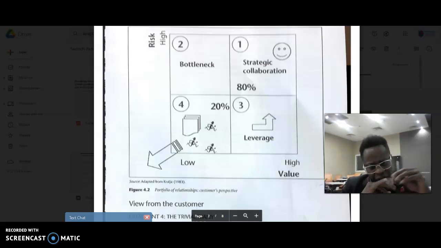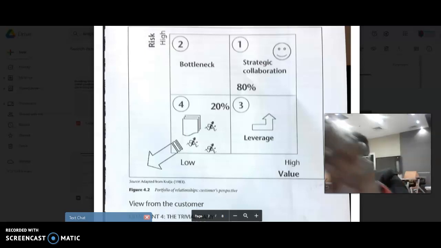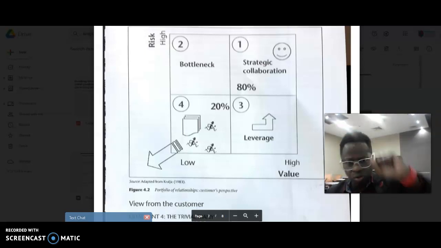And this is done by recognizing that a particular supplier will fit into a particular quadrant. With me now? They need to know where to fit your suppliers. Once you know where to fit your suppliers, then you will know which relationship to apply. I repeat, once you know where to fit your vendors, you will know what relationship comes after.